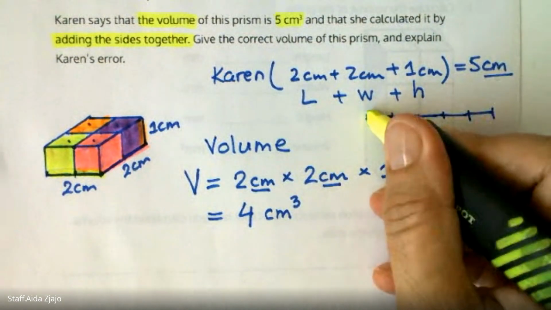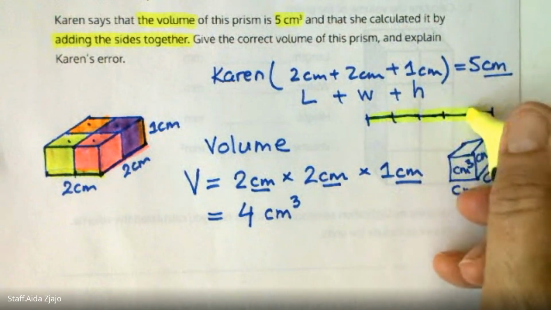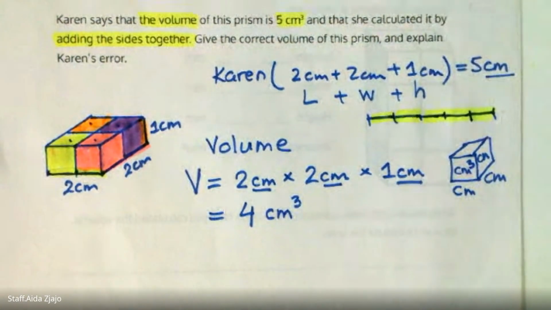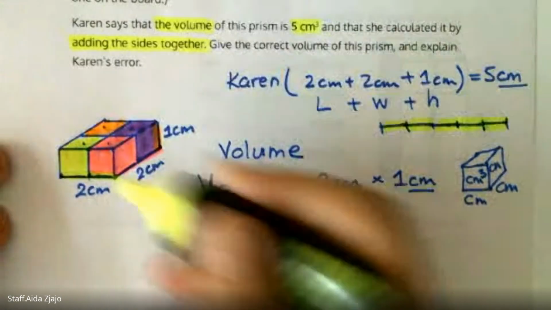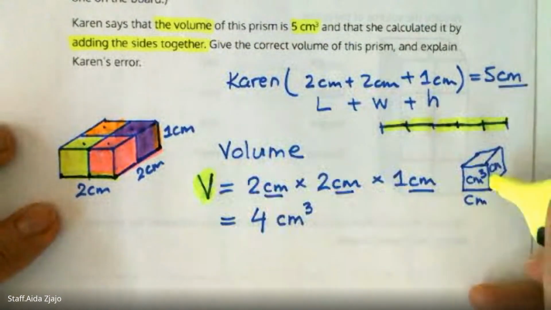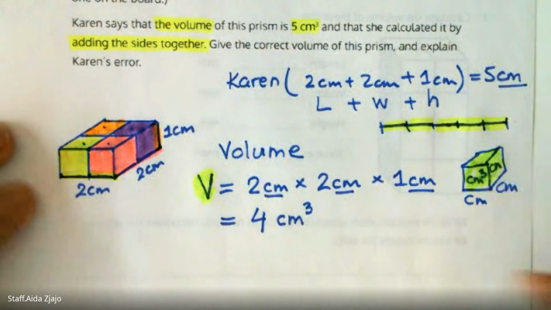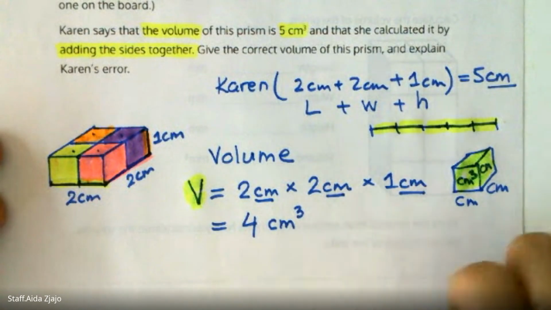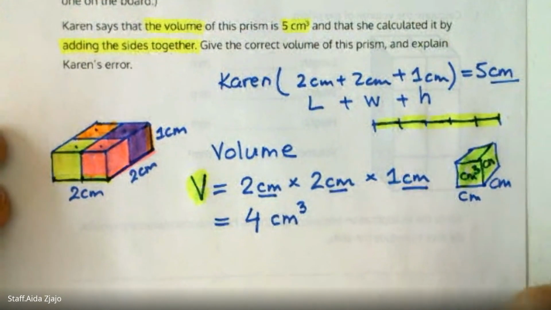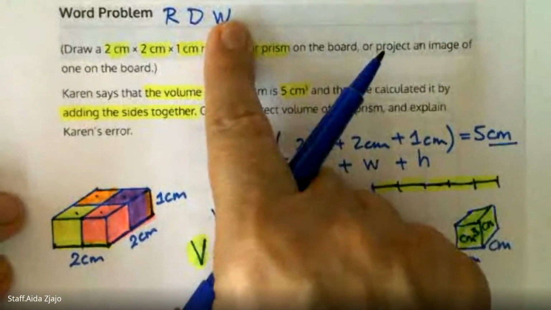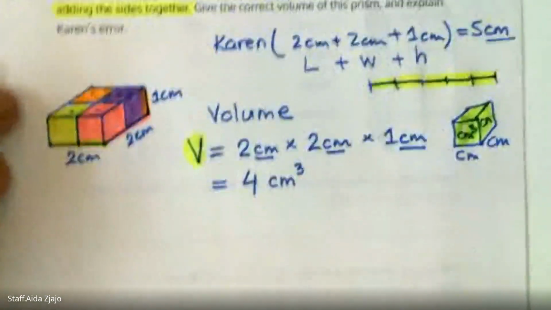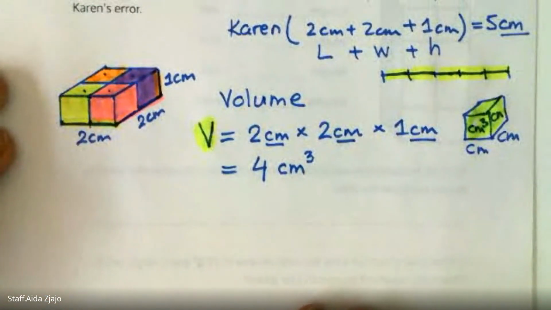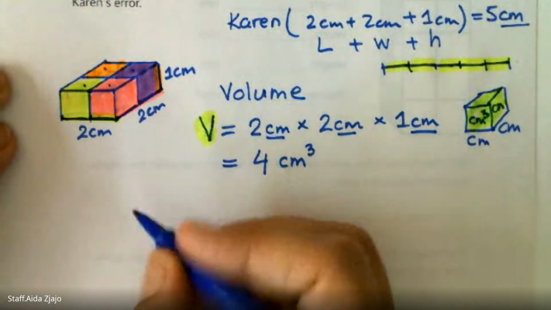She was calculating 1, 2, 3, 4, 5 lengths, 5 centimeters, while volume is calculating how many cubes the figure is made of. So now we drew the picture, and we proved that she was wrong. We just need to write, because we did read, draw, and now it's time to do writing. So let's see how we can write the complete answer in a full sentence.